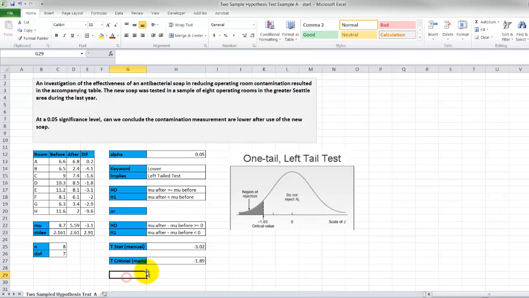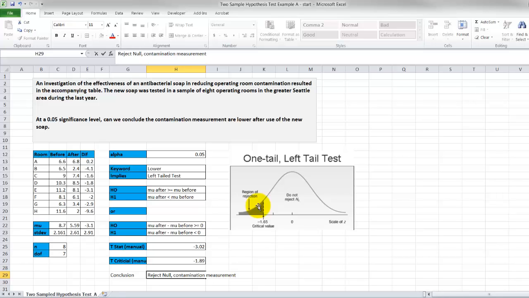Okay, what does that mean? So let's make a conclusion. We are going to reject null. What does that mean? Let's go ahead and look at the null statement. We are rejecting the null, so we can conclude that the mu after, or the contamination measurement, is less after using the soap than before.